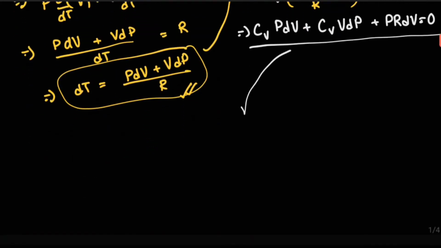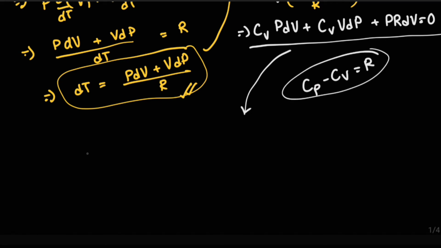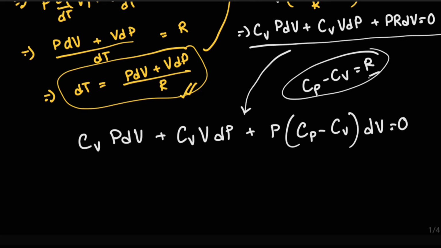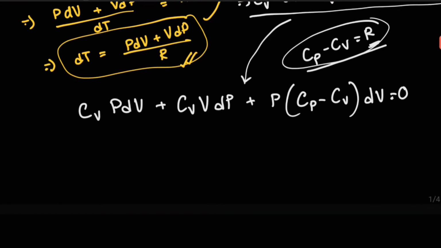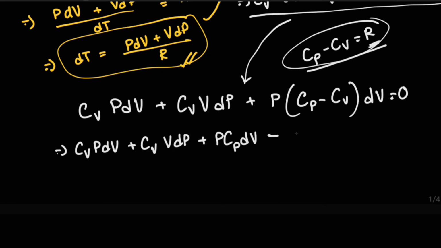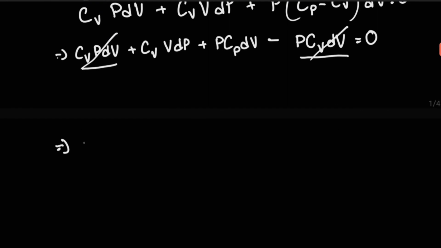Now, in our previous lecture, we discussed that the difference between Cp and Cv is R. So this stands, since R is the difference between Cp and Cv. Further simplification shows that the P dV terms cancel each other out, and this is just simple algebra.